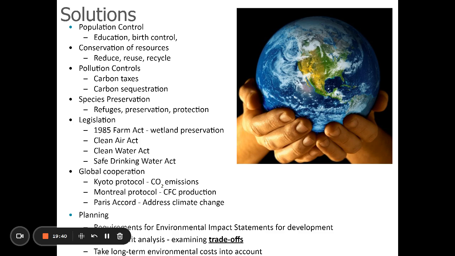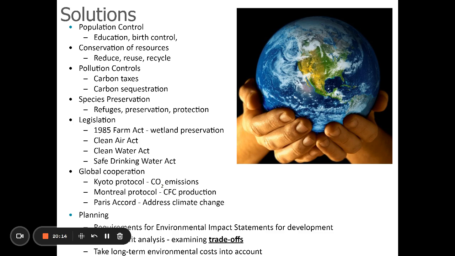And countries came together in the 1980s, agreed to stop using as many chlorofluorocarbons, and that helped to reduce the ozone depletion problem. And as we talked about earlier, the hole in the ozone layer is improving. And it's improving because countries came together and made agreements to try to address it. We could do the same for climate change or other problems.